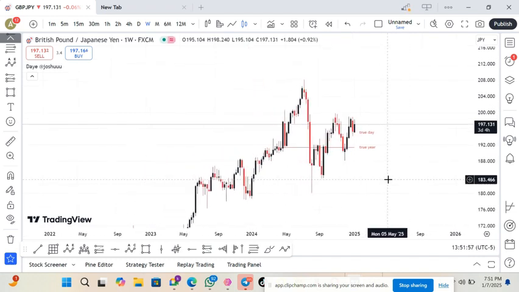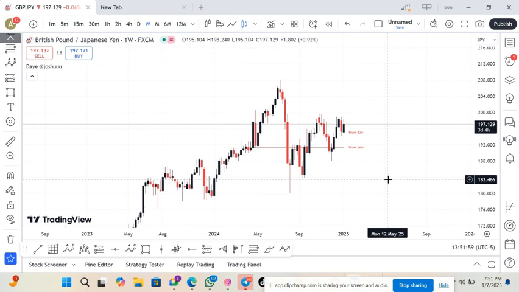First of all, when you are in the market, when you are about to start trading any currency pair, there are things that you need to outline for yourself.